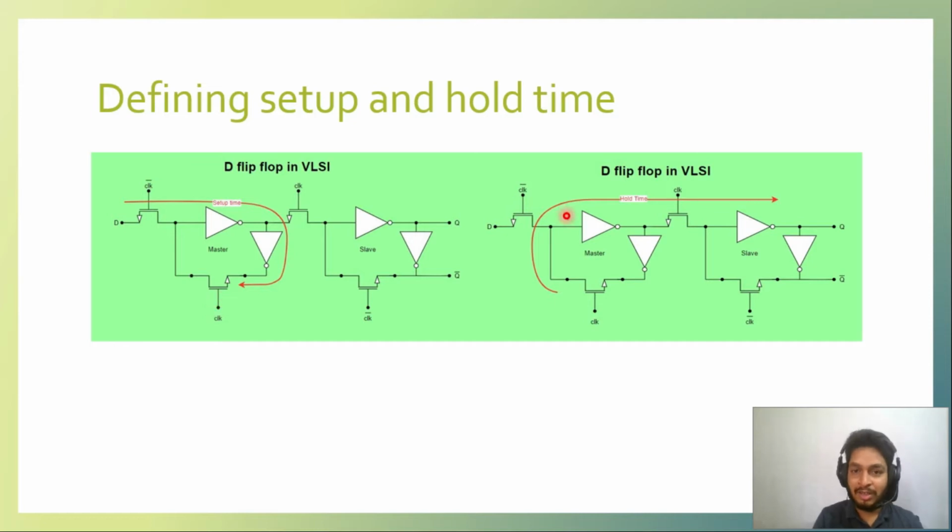It's a kind of preparation for the data transfer, which is controlled by this clock. Similarly, let's say the data has been transferred to the output of this pass transistor, but it is not held before it is transferred here. The data takes some time to reach this position of the inverter output, right?